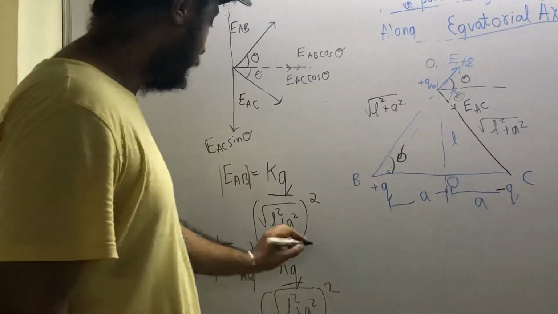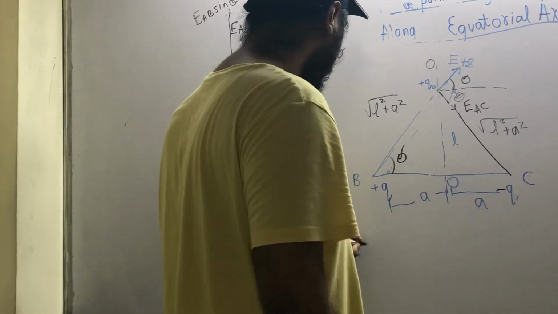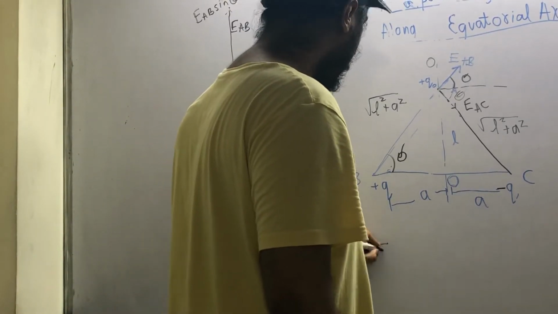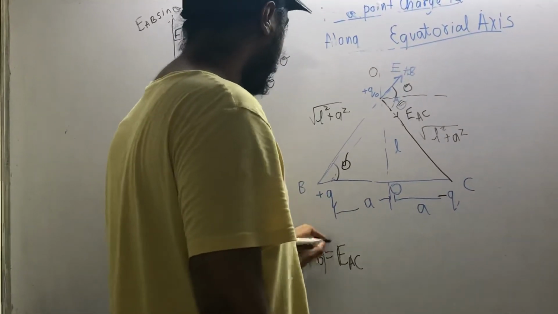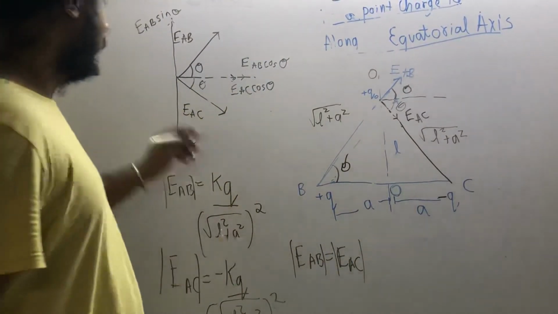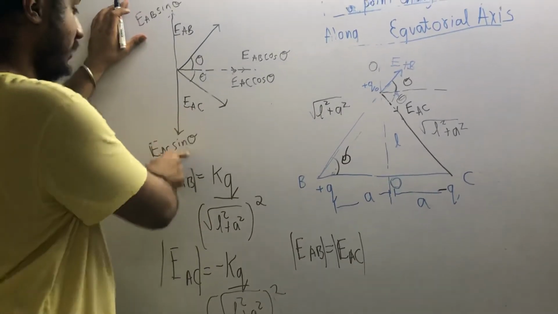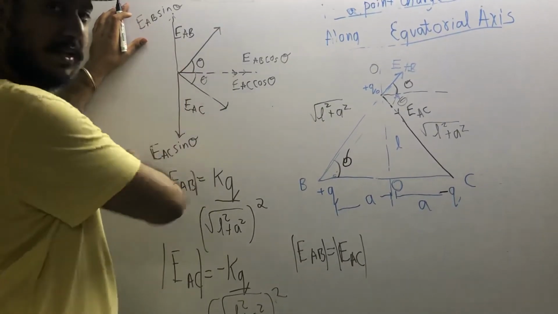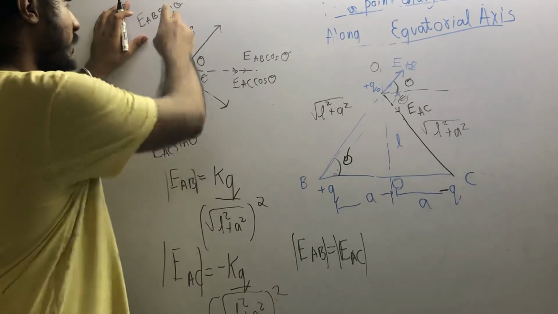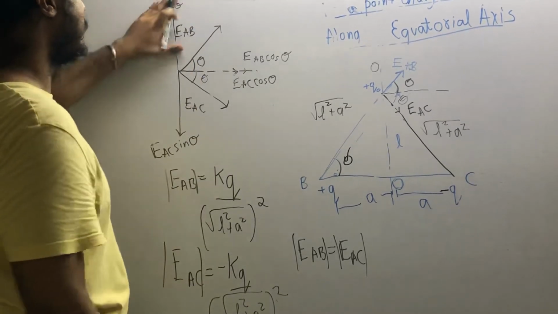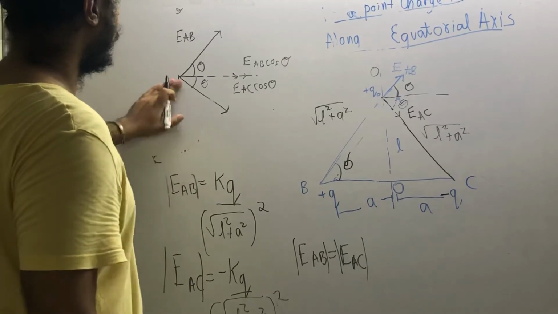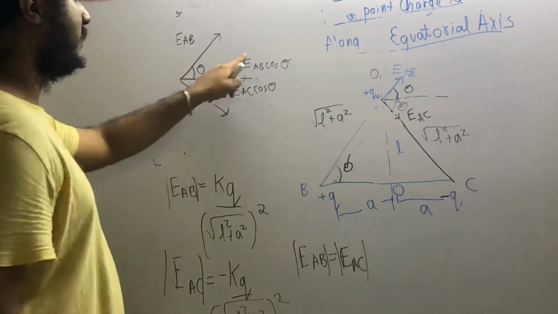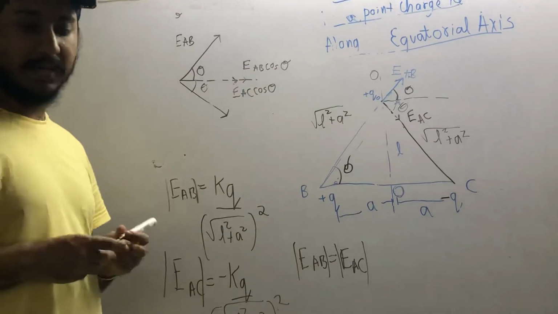E_AB is equal to E_AC in magnitude, and these two are acting in opposite directions. E_AB and E_AC are both the same, only multiplied by sin theta, so they are in opposite directions and will cancel each other. So the only effective components remaining are E_AB cos theta and E_AC cos theta.